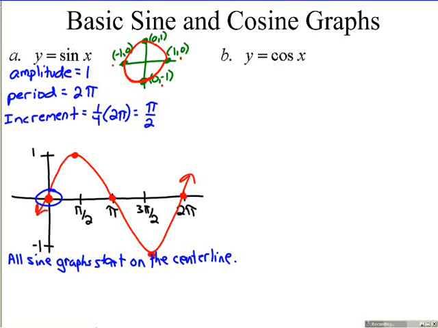Second thing is our graph is going to either go up or down from that point, and that's going to depend on whether sine is positive or negative. So if sine is positive, like it was here, the graph goes up.